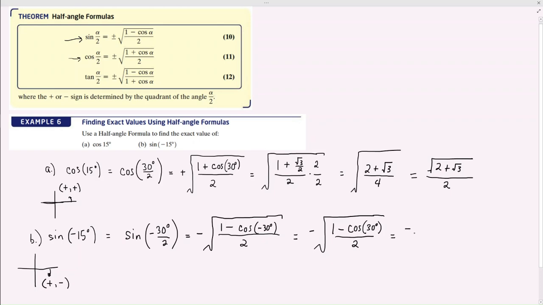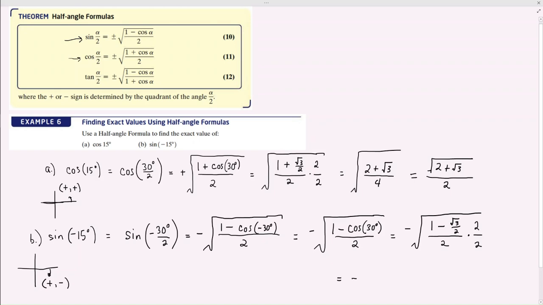So we're going to get either way negative the square root of 1 minus the square root of 3 over 2, all of that over 2. And I'm going to do the same thing to remove the complex fraction. I'll multiply by a well-chosen 1.